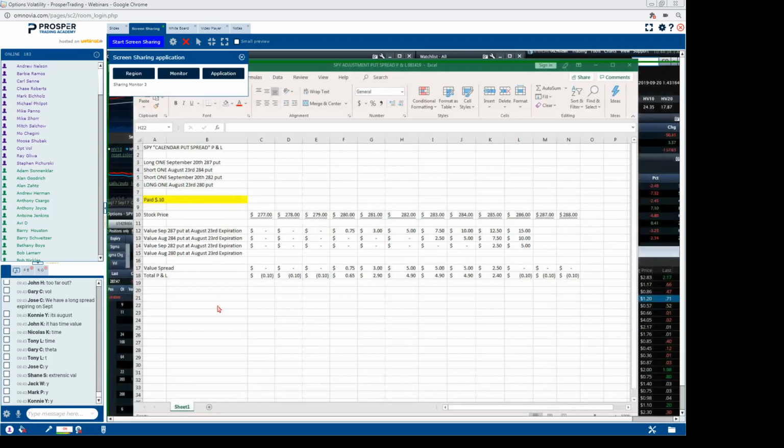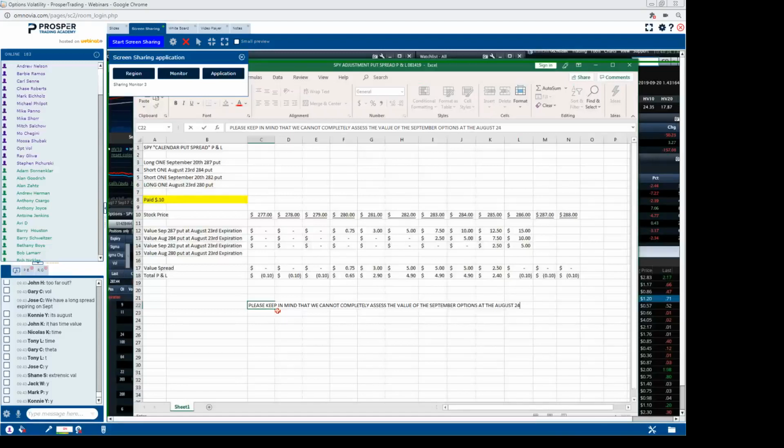Okay, so I'm going to put a note down here. Please keep in mind that we cannot completely assess the value of the September options at the August 23rd expiration.